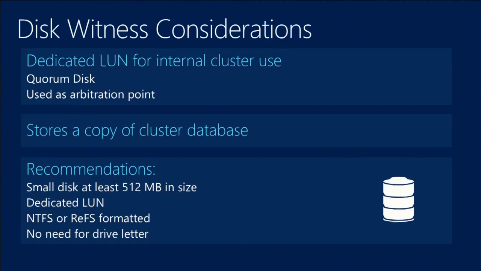Now, in terms of witness, what types of witness do clusters support? There are just two types of witness. One is a disk witness, and another is a file share witness. A file share witness is just an SMB share that you can host on a file server. In terms of disk witness, we expect it to be a dedicated LUN for the cluster. It can be a small size. The cluster writes the cluster database, which is a replicated state, to the disk witness as well.